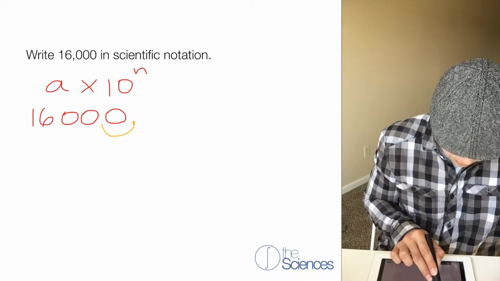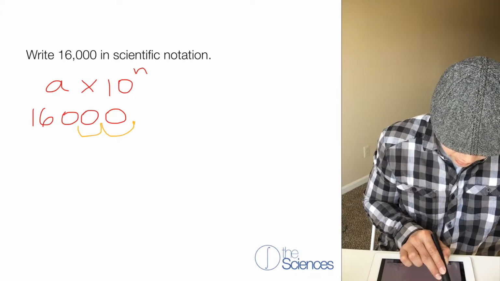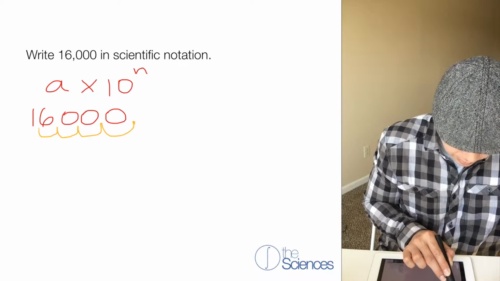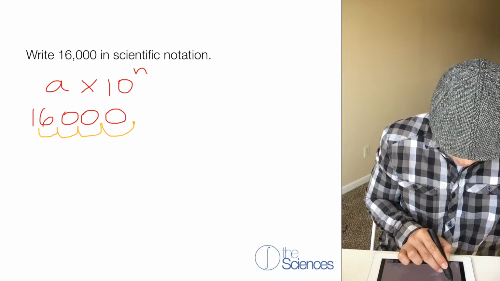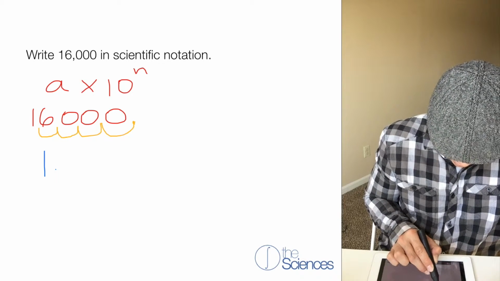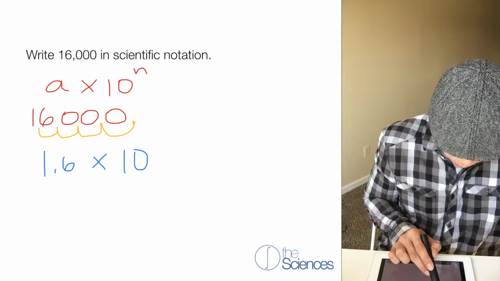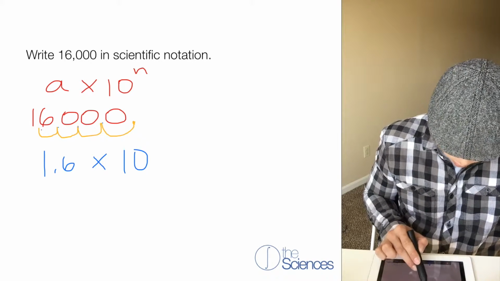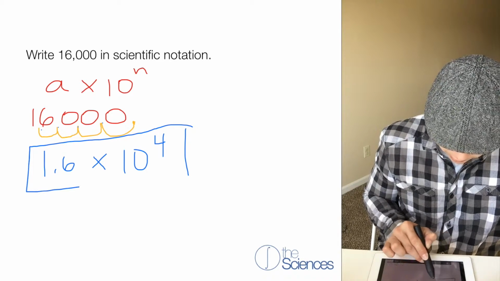So here we have 1600, we have 160, we have 16, and now we have 1.6. So that's what we want. 1.6 times 10 to the, how many places did we go? We went 1, 2, 3, 4 to the 4th power. So that's our answer.